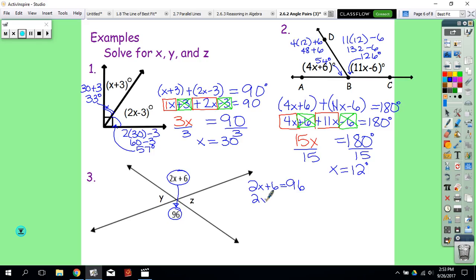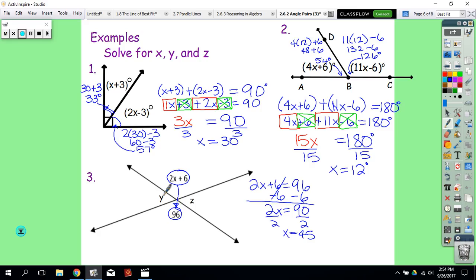So if we have 2x plus 6, all we have to do here is subtract the 6 from both sides. So 2x is equal to 90, divided by 2. So that means that x is equal to 45. So in this one, x is equal to 45.